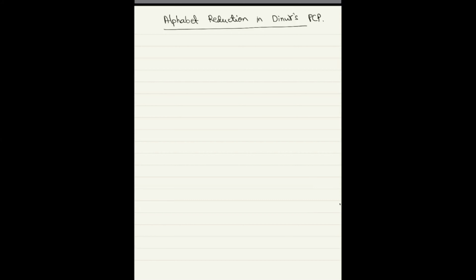Okay, perfect. So this result is about alphabet reduction in Dinur's PCP. The PCP theorem is about approximating Max 3-SAT. Max 3-SAT is hard to approximate within some constant.